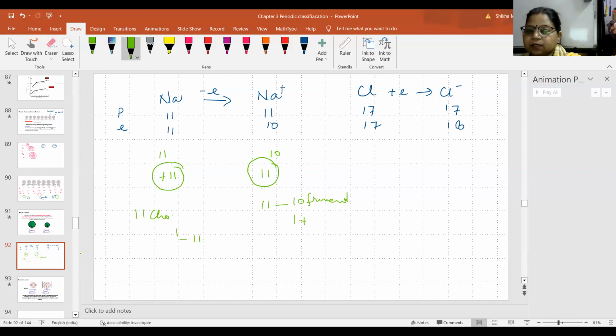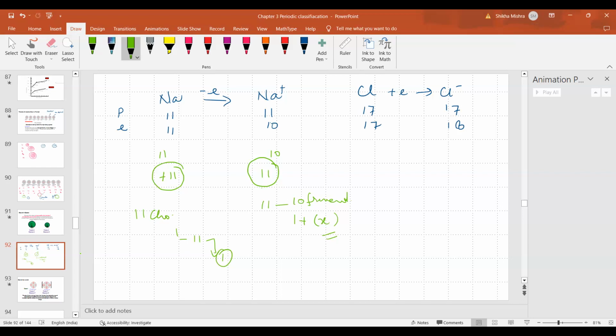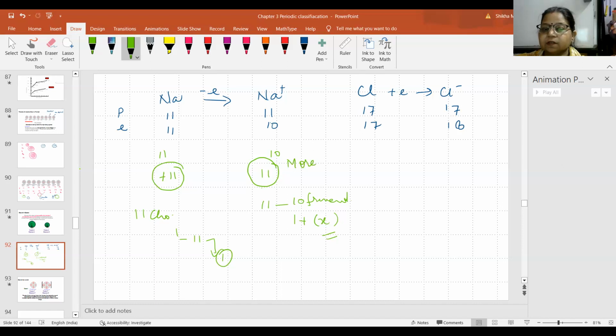Everyone will get 1 plus something x. Here, everyone was getting only one chocolate. Here everybody is going to get 1 plus a very small part of it. Making sense? Yes, ma'am. Okay. So that means more attraction and therefore a smaller size, right?